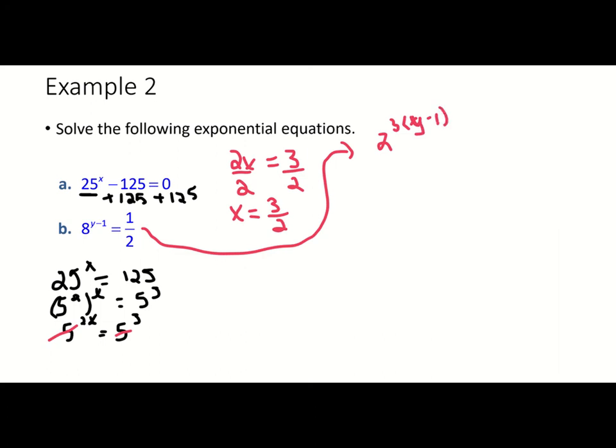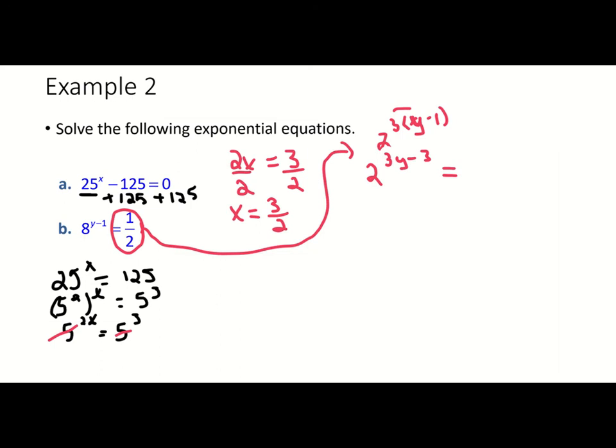And then I'm going to distribute my 3. So 2 to the 3, erase that, 2 to the 3y minus 3. Now, 1/2.